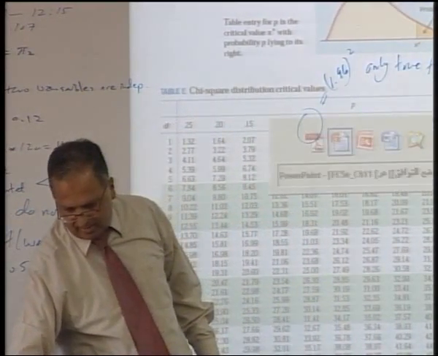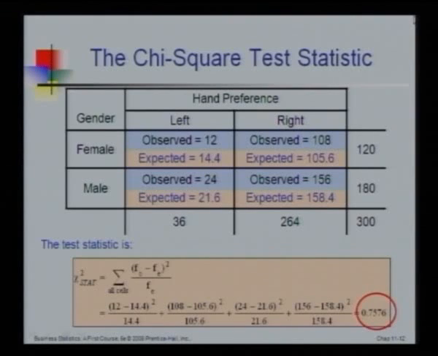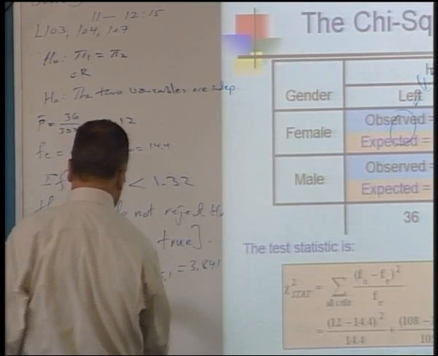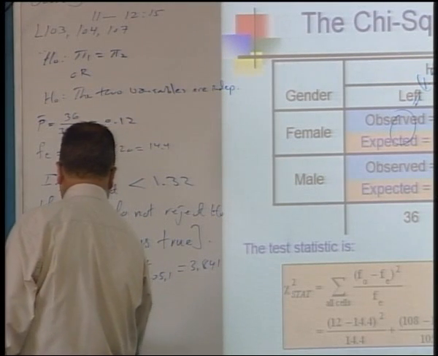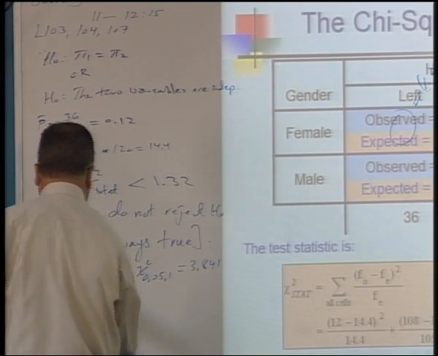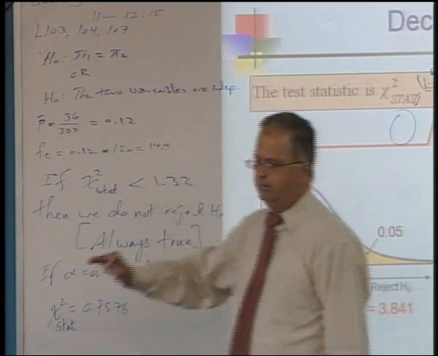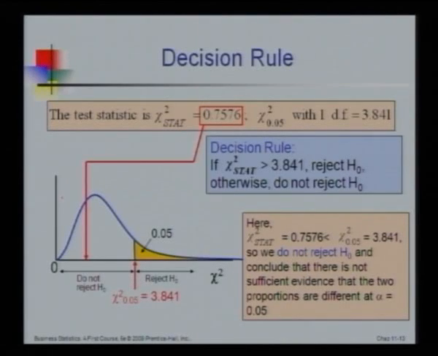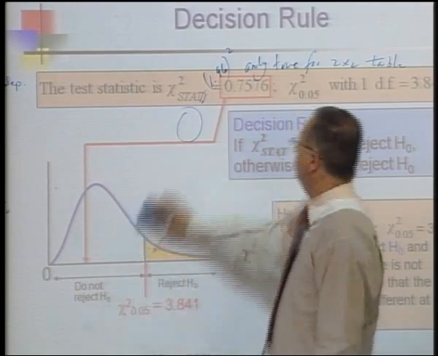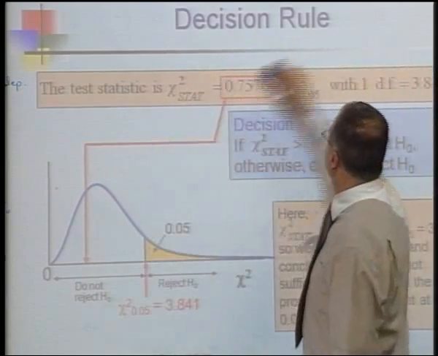So let's go back to the question we have. My chi-square value is 0.7576. So that's your chi-square statistic. Again, with 1 degree of freedom, the chi-square critical value is 3.841.